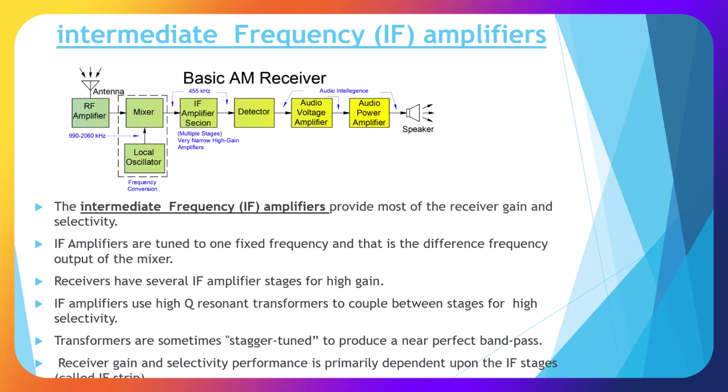IF amplifiers use high Q resonant transformers to couple between the stages for high selectivity. Transformers are sometimes stagger tuned to produce a near perfect bandpass. Receiver gain and selectivity performance is primarily dependent on the IF stages, called the IF strip.